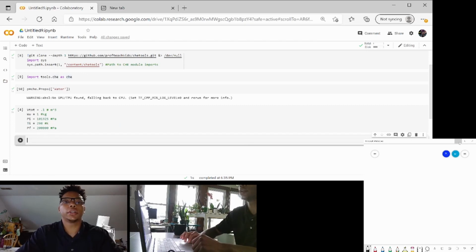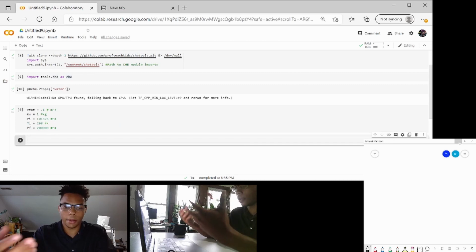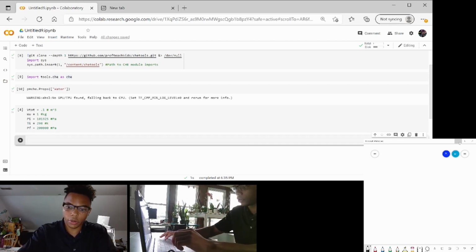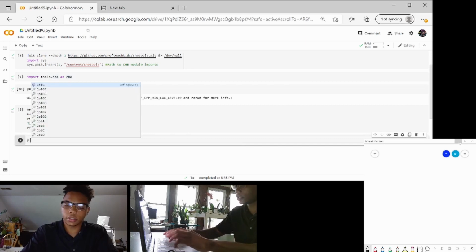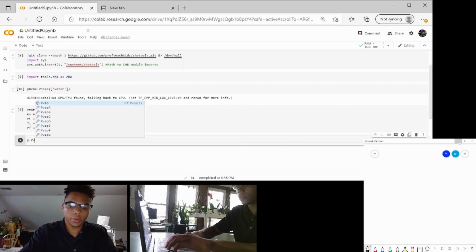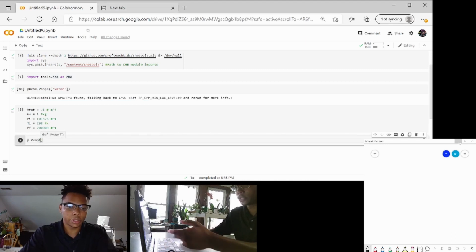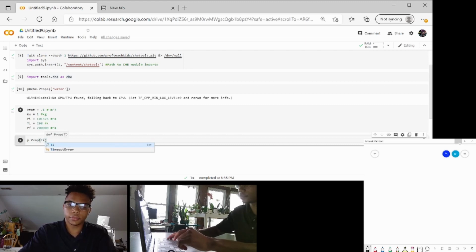So let's say I wanted to figure out what the vapor pressure of water is at a certain temperature. We're going to put P dot PVAP, and our initial temperature is 298, so I'll just sub in Ti right there.